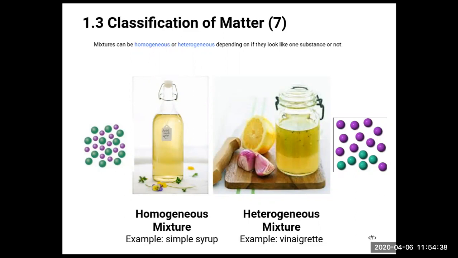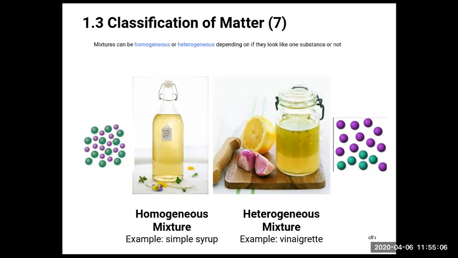The vinegar has a higher density than oil, and that's why it goes to the bottom. You can see that they are forming two layers. They are separated into two layers. That's what we call a heterogeneous mixture, because they are not looking like one substance. You can definitely tell there are two substances there. So that's why it's called a heterogeneous mixture.